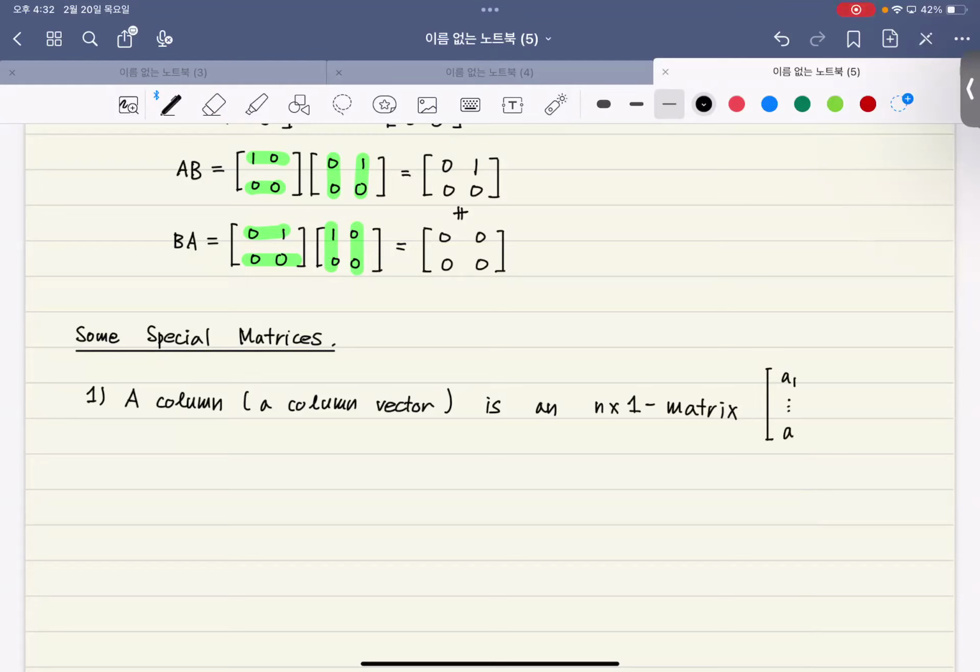You have seen this, right? So this is a column vector. Likewise, I have a row vector, or simply row, which is a 1 by n matrix. Okay, this is column and this is row. They are very special matrices.